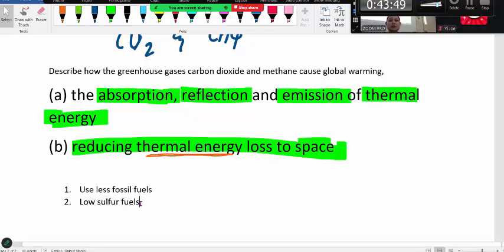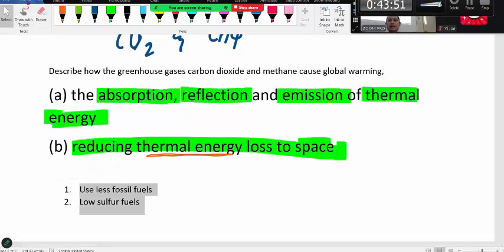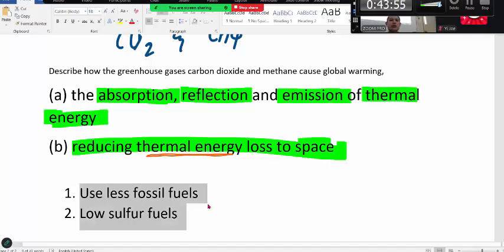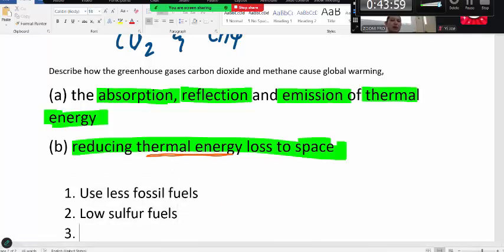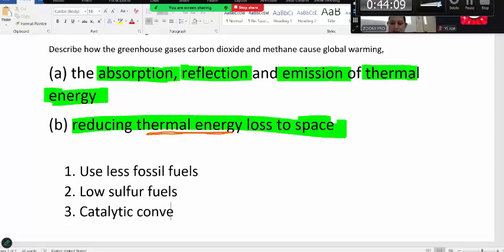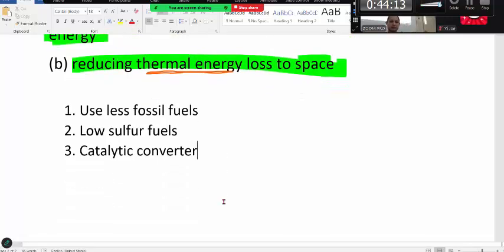You can do something to the petroleum where you get rid of the sulfur. But the best way, if I want to reduce sulfur and nitrogen dioxide, is to use something called a catalytic converter. This is what I'm going to teach you now.